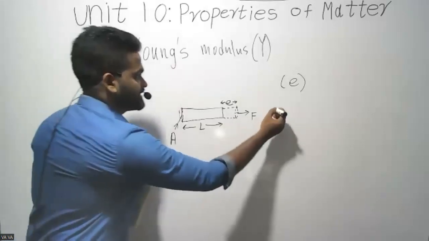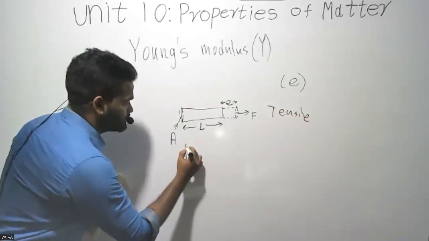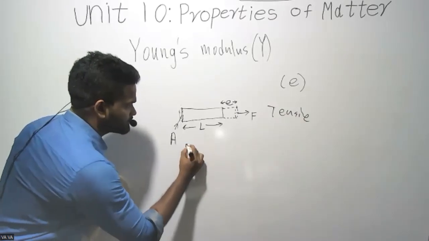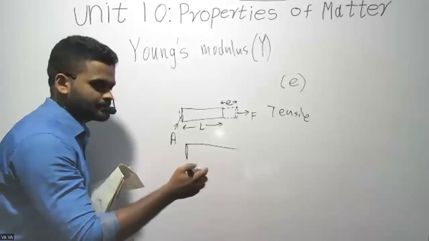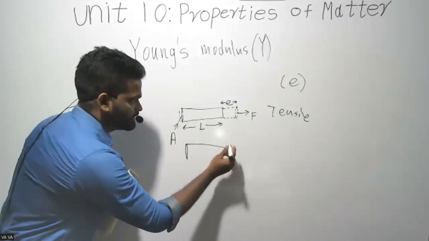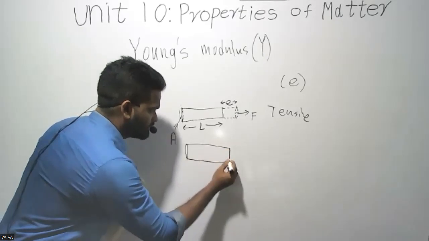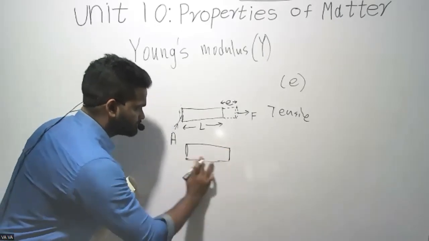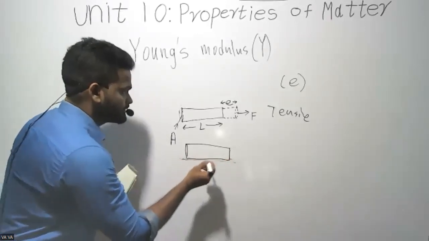So this is tensile force. Then another one, you are applying a compressive force. You are not applying compressive forces on strings, that's why this should be a rod. This is the rod.